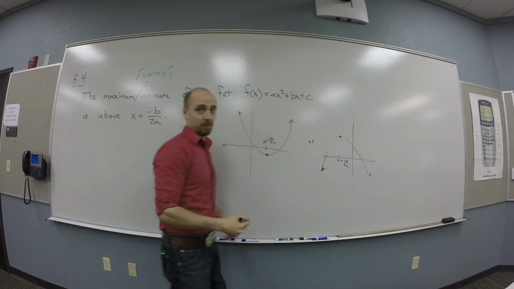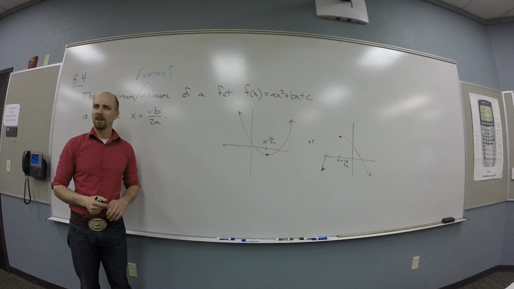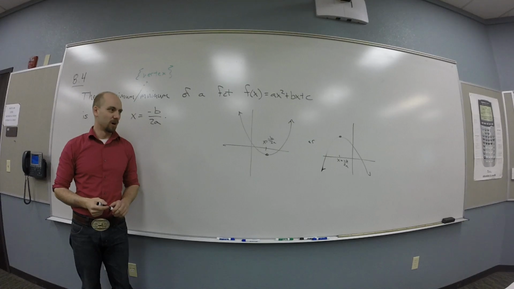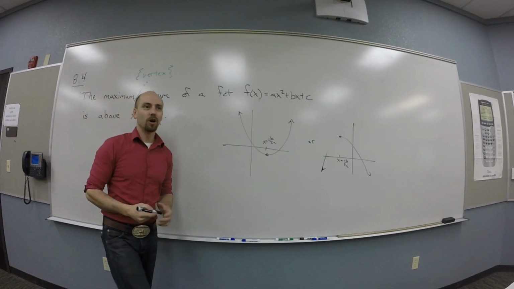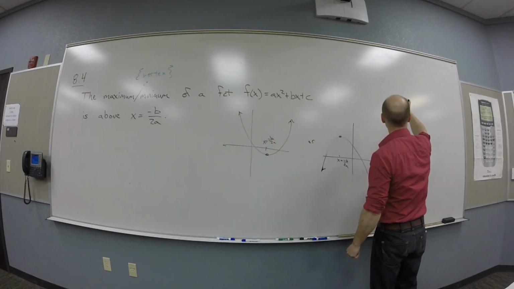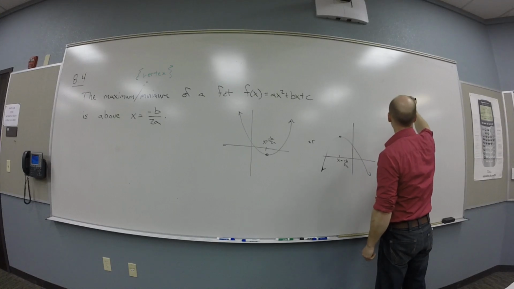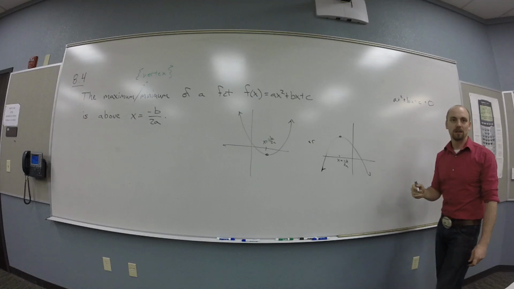You guys want a reason for this? Where have you seen this negative b over 2a business before? Yeah, the quadratic formula, right? So if you kind of thought to yourself, okay, what if I start out with this f of x and I set it equal to 0? You guys see that?